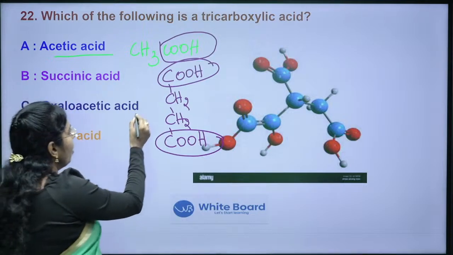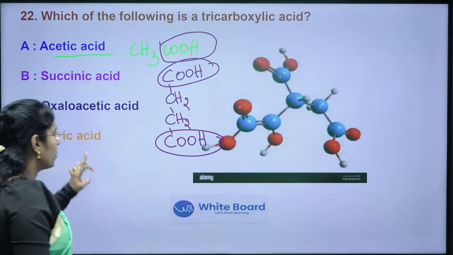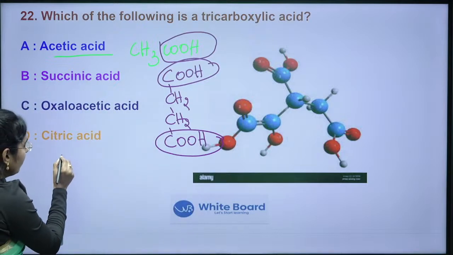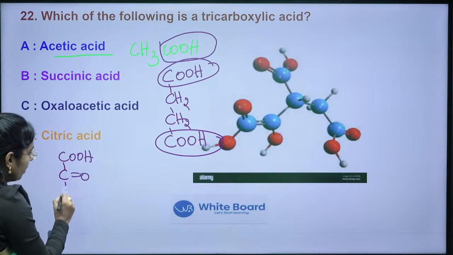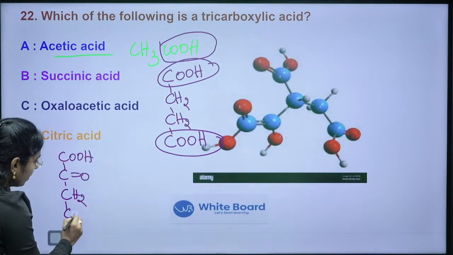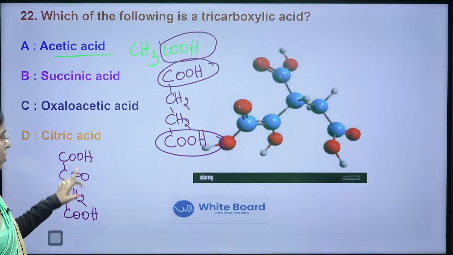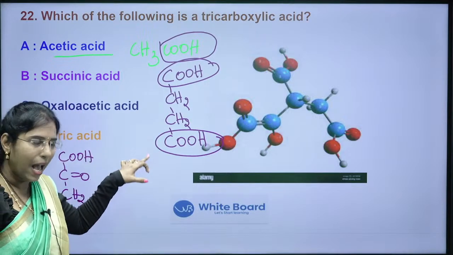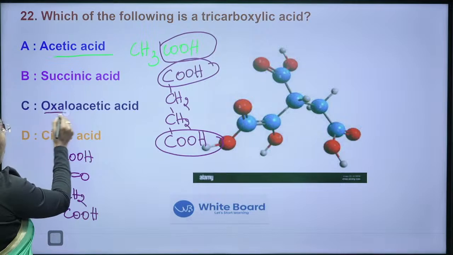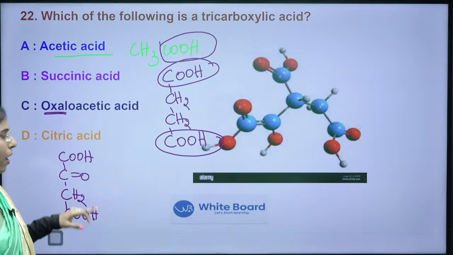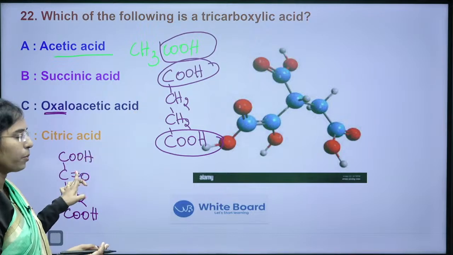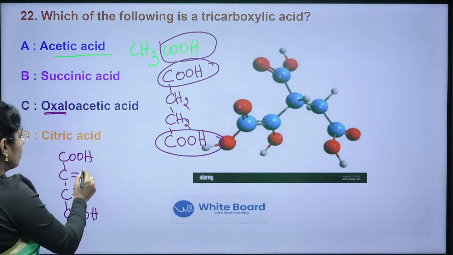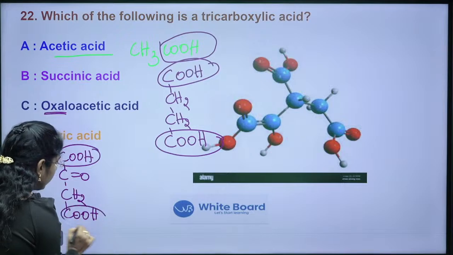Next, coming to oxaloacetic acid: COOH, CO, CH2 and COOH. Oxa means ketone, so one of the CH2 hydrogens is replaced by oxygen. So this is also a dicarboxylic acid.